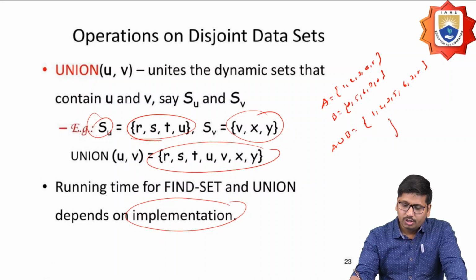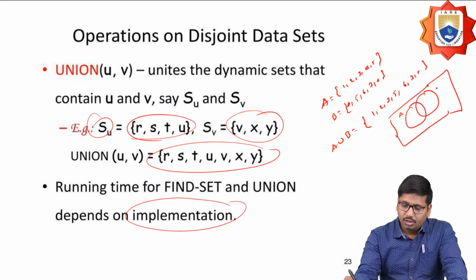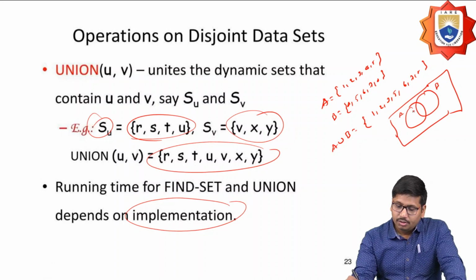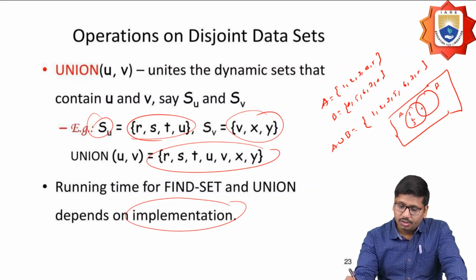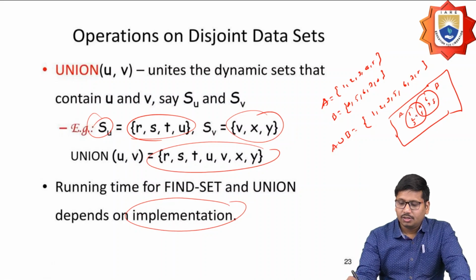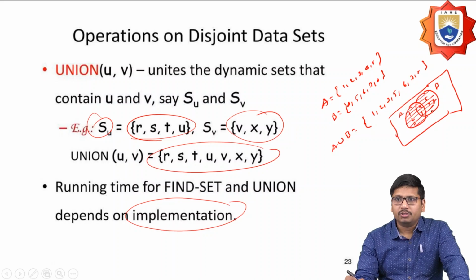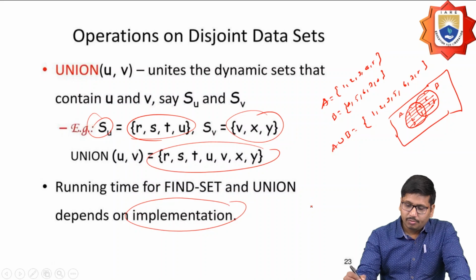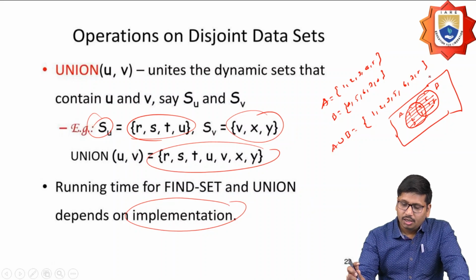If I present this as a Venn diagram, I have one set A and another set B, and the data is 1, 2, 3, 4, 5, 6, 7, 8. All the elements from the two sets are reflected in the union. The intersection is the data that is common between the two sets, which means 4 and 5.